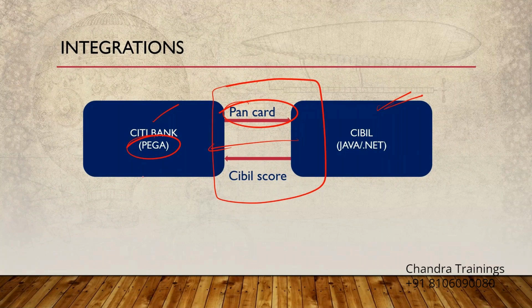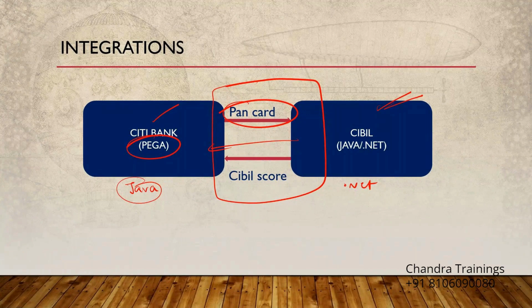Maybe this is developed on Java and this is developed on .NET. If I'm sending a Java request, they will not understand, right? If they send a response in .NET form, we will not understand, right? So there will be common languages.